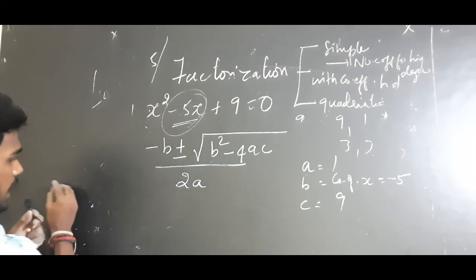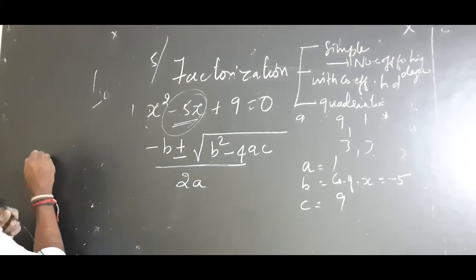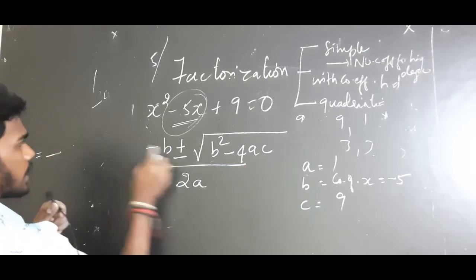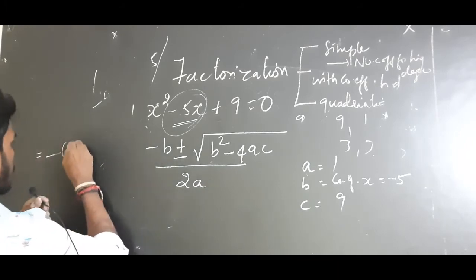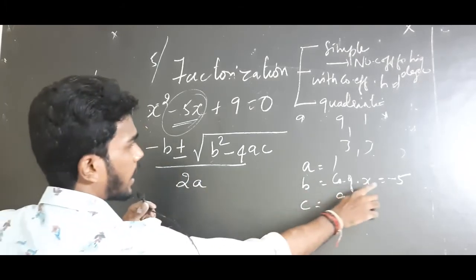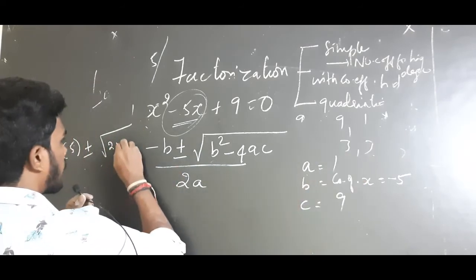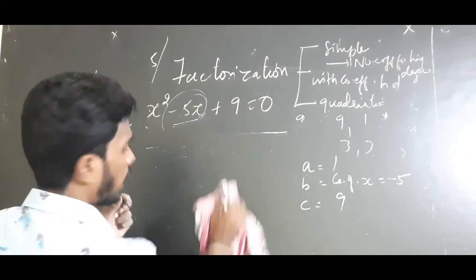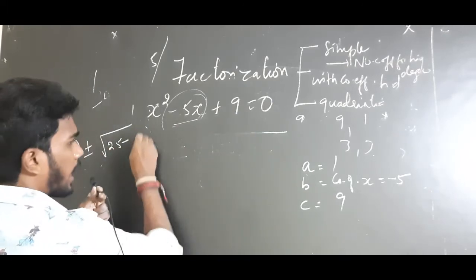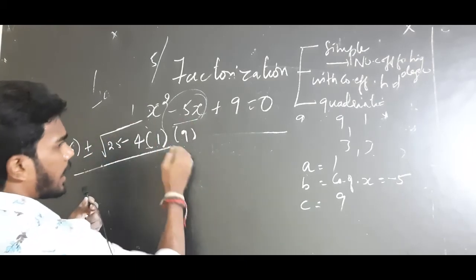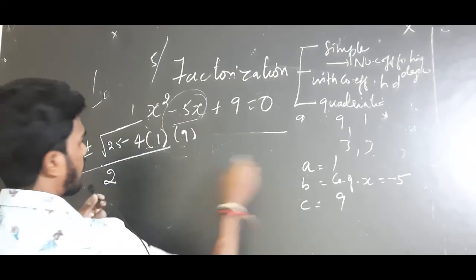So substituting in this equation, how the journey goes: minus b value is minus 5, plus or minus root of b square. Minus 5 square is 25, minus 4ac. 4, a value is 1, c value is 9, divided by 2a, a value is 1.